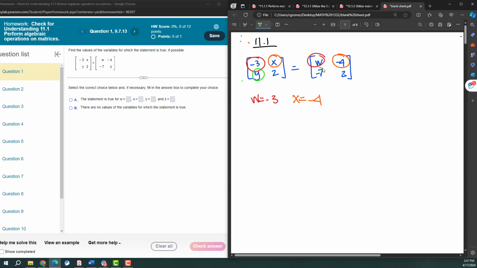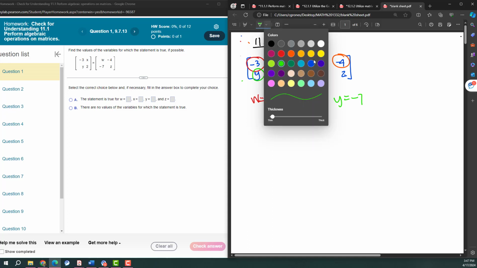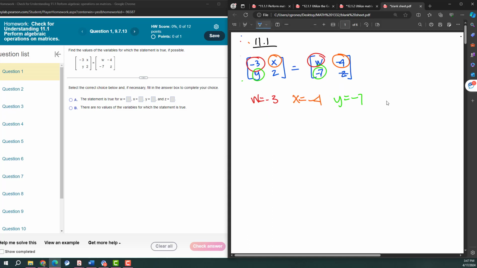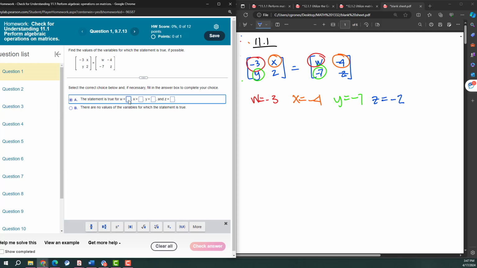Y and -7, y equals -7. And then z equals 2. Yes, they look alike. So w equals -3, x equals -4, y equals -7, and z equals 2.